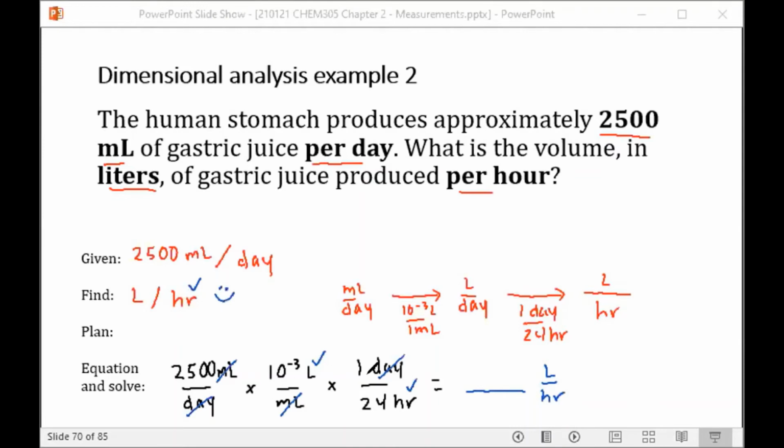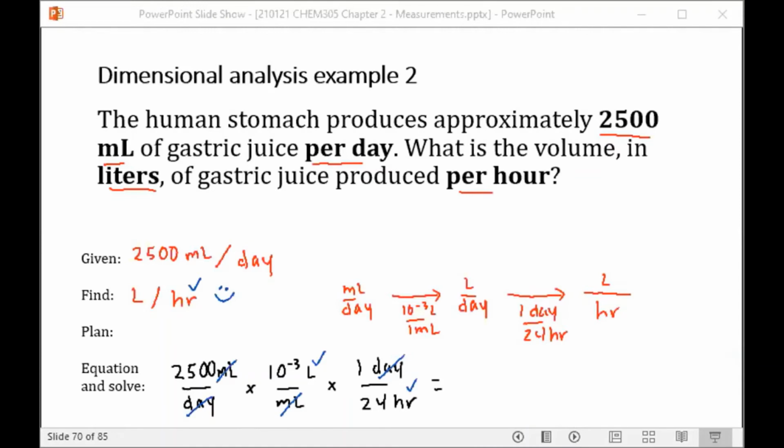So we know that we set up these conversions correctly because we ended up with the right units. That's how dimensional analysis works. If you set it up correctly, by canceling out units, you can double check that you didn't mix up a ratio or forget something. Because if your units end up correctly, then you're on the right track and you didn't miss a step. Okay, so let's plug it into our calculators now.